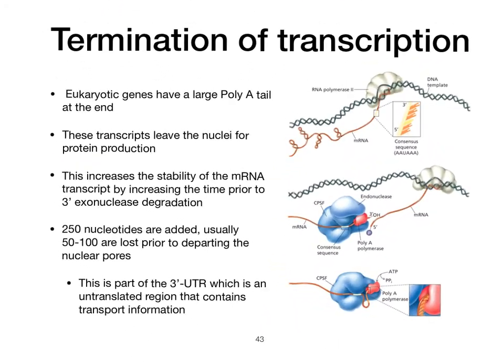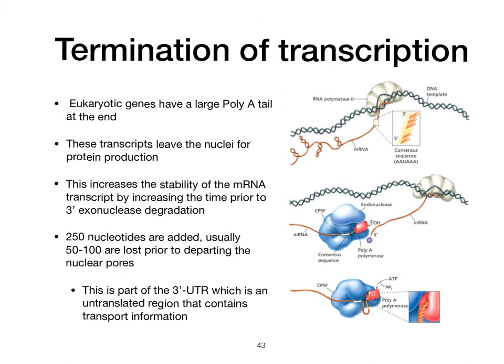So the elongation of transcription occurs somewhat similarly. The termination also has the ability to create these hairpins, and so eukaryotic genes also have a large poly-A tail. So the transcripts have to leave the nucleus for this to occur.